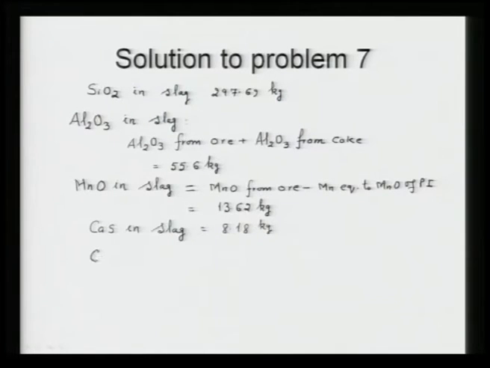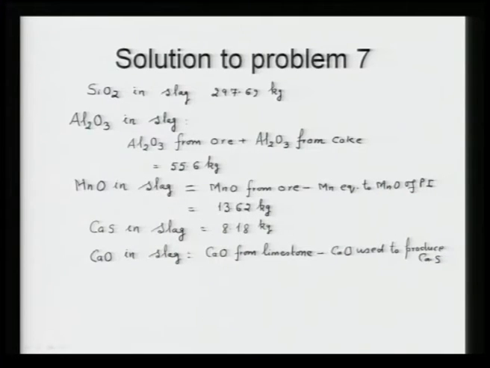Then you have calcium oxide in slag. Now, calcium oxide in the slag requires a balance to be done, which is equal to CaO from limestone, that is the only source for calcium oxide, minus CaO used to produce CaS.